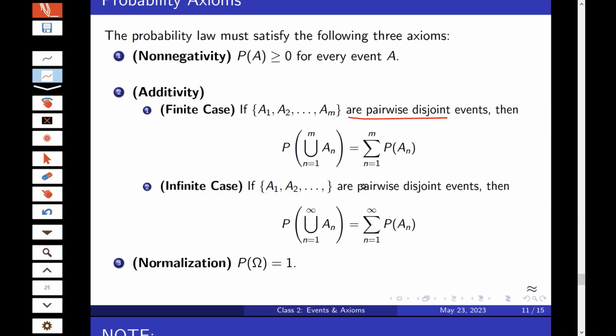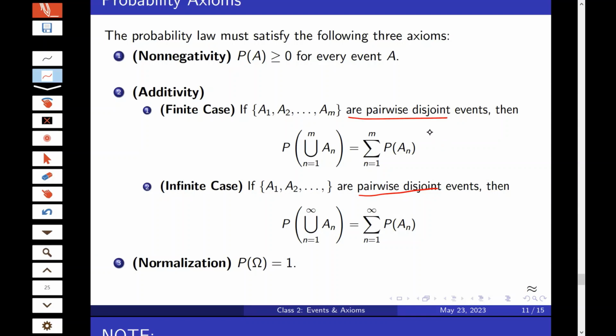You can find the probability by just adding the probabilities of each event. This can be extended to m number of events, or the infinite case, where the events are pairwise disjoint.